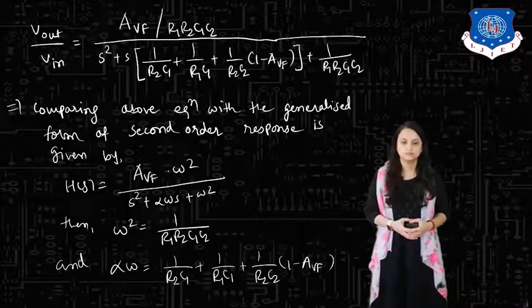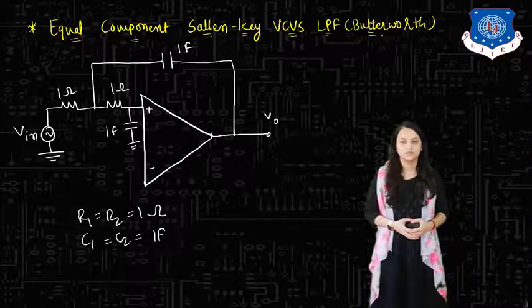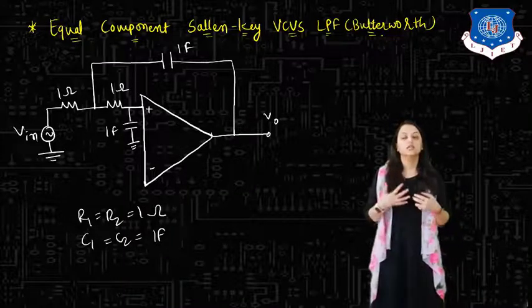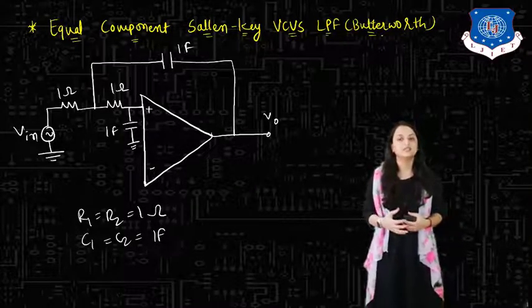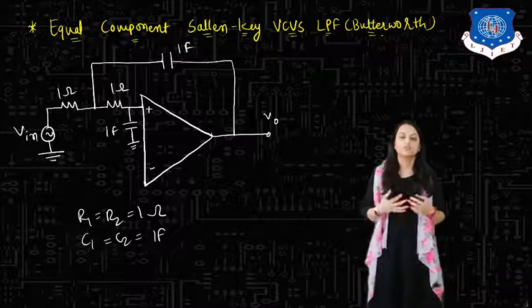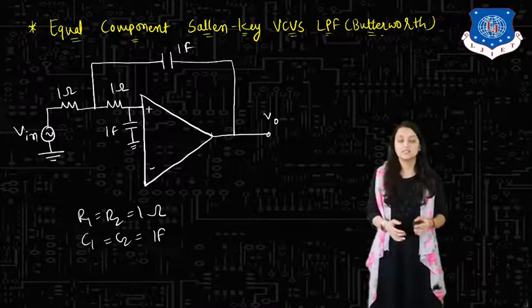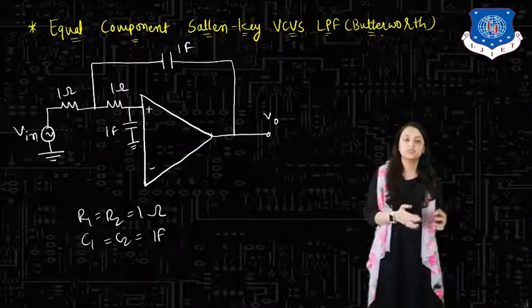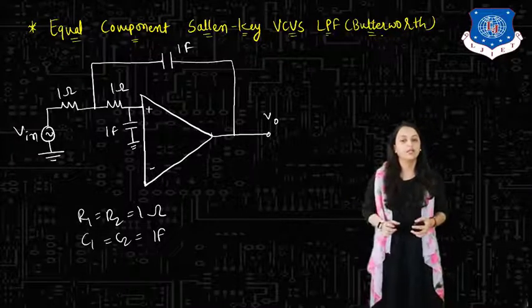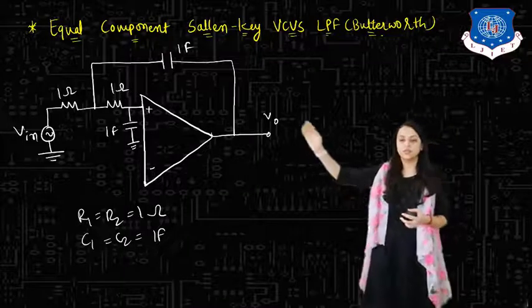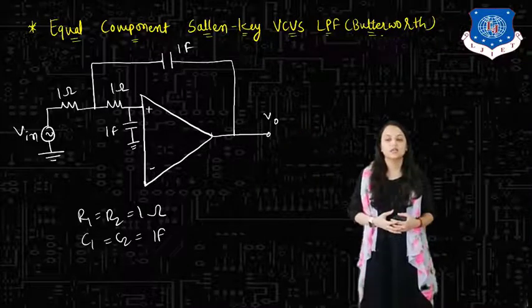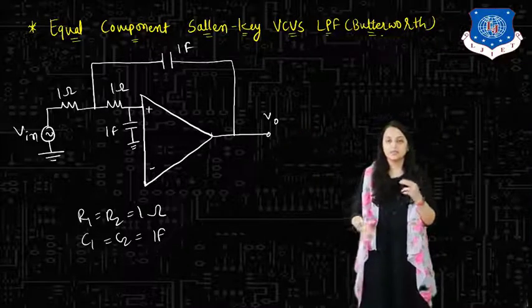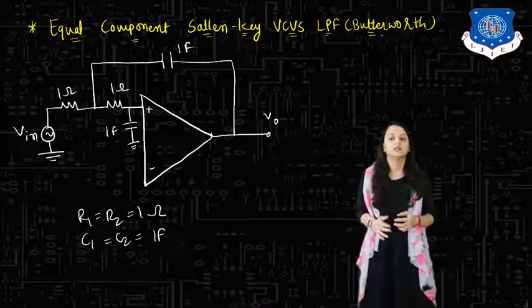Now let us see the equal component Sallen-Key BCBS low pass filter, as you can say Butterworth filter. As the name suggests, we should design the Sallen-Key BCBS filter for equal component values. As you can see in this circuit diagram, the resistances and capacitances values are taken the same.